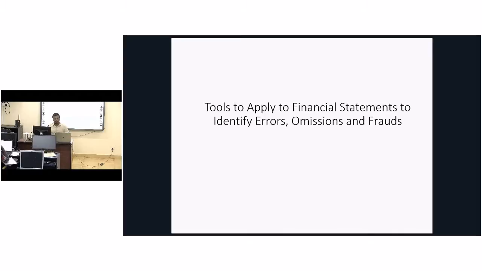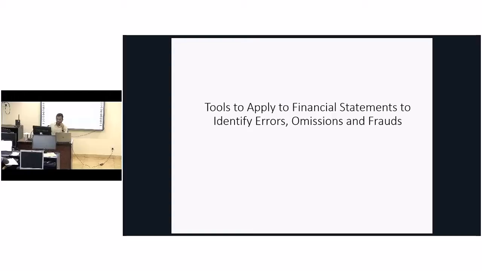Now the final focus in the lesson is how to identify or make sure whether the financial information used for business valuation and financial statement analysis is correct. So how do you make sure that?